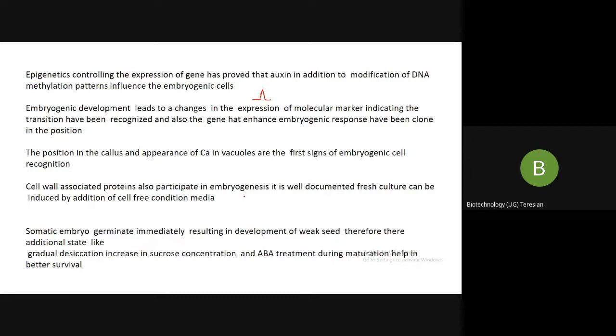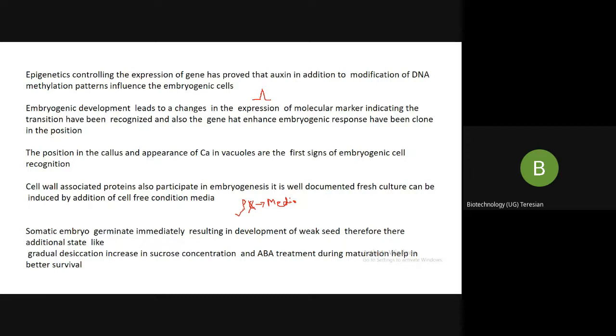So now you have the proteins. Who has given these proteins? These are the cell wall proteins. Now where are they present? They are present in your media. Now what you do is you remove only the cells. From this media you remove only the cells and retain the proteins.